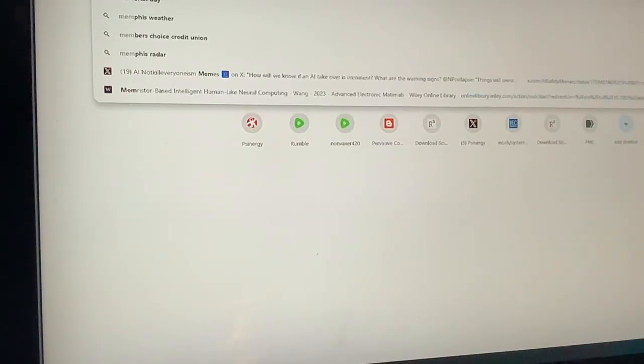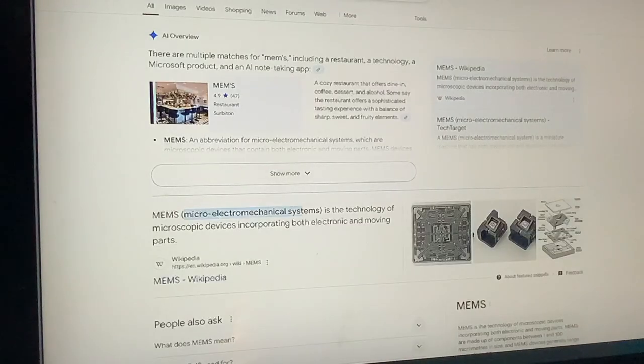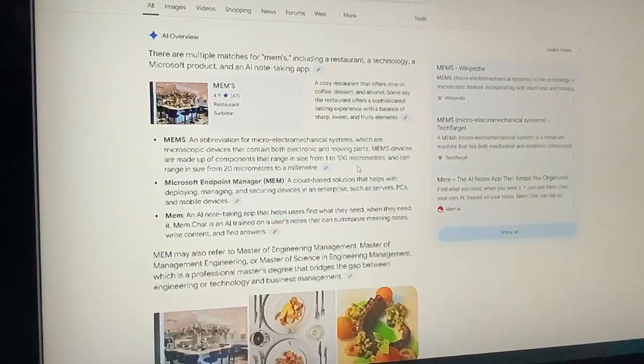You do, but I haven't talked about them in a while. Micro electromechanical systems is the technology of microscopic devices incorporating both electronic and moving parts.